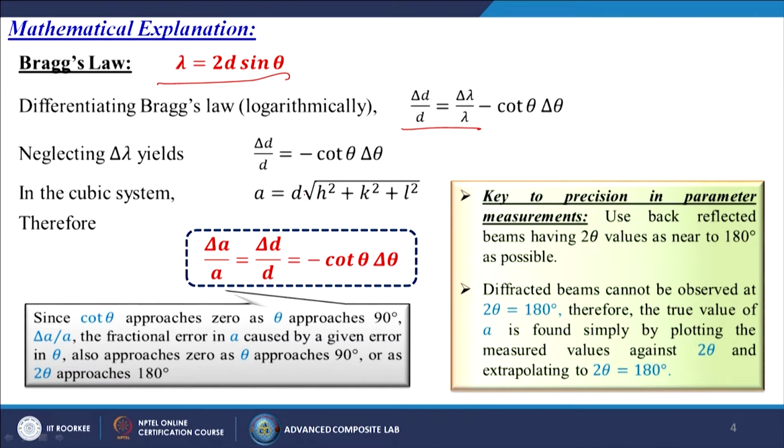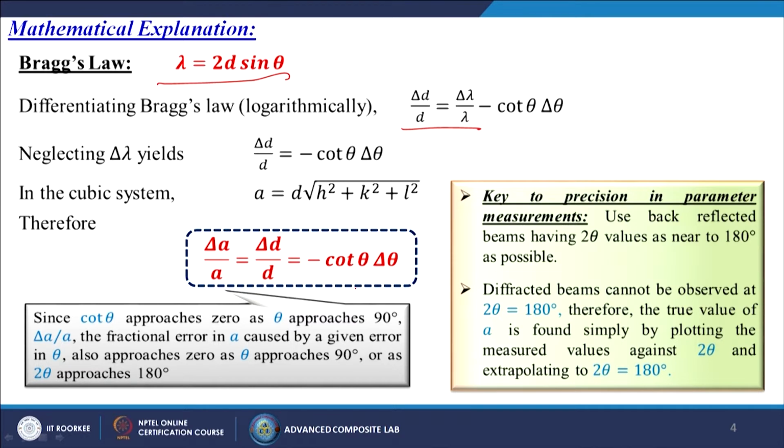In the cubic system we already know that a equals d times root over h square plus k square plus l square. Therefore, del a by a equals del d by d equals minus cot theta del theta.